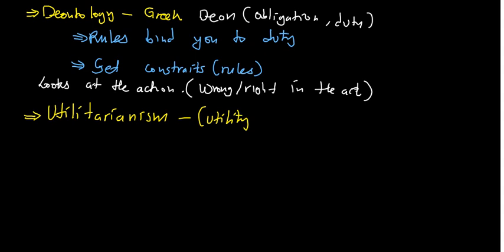So utilitarianism, coming from the word utility, was defined by the philosopher Jeremy Bentham, as we said. It is a consequentialist philosophy because it focuses on consequences. So it is only focused on the consequences. You don't care about the act itself. So you just look at the consequences.